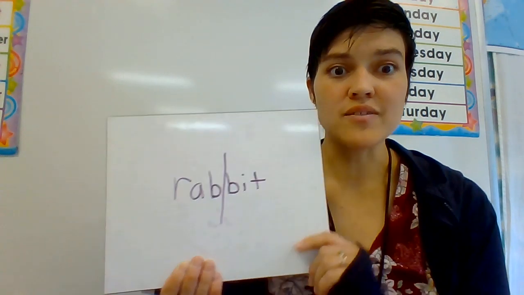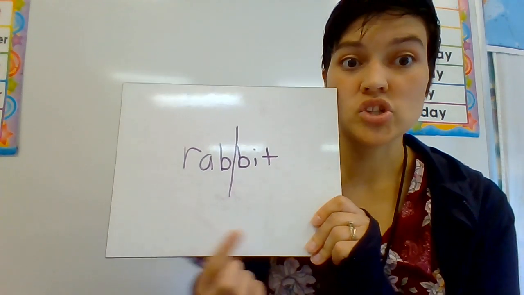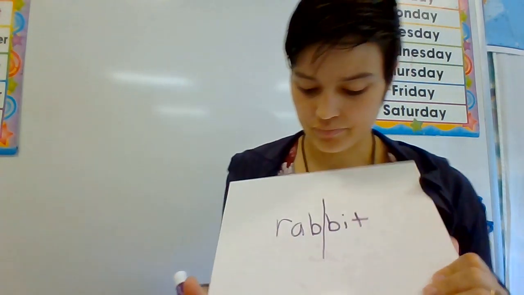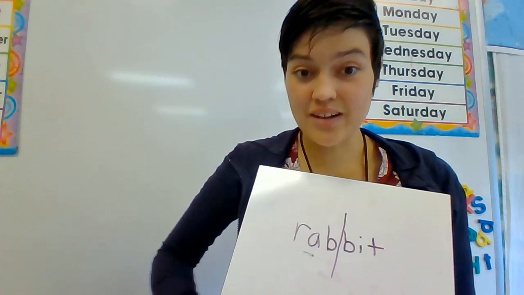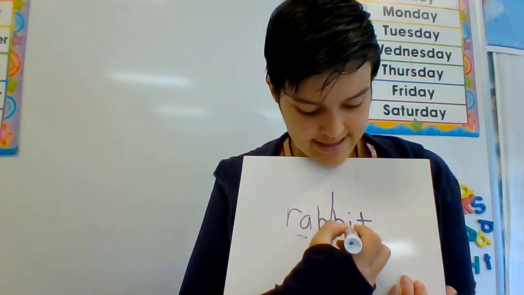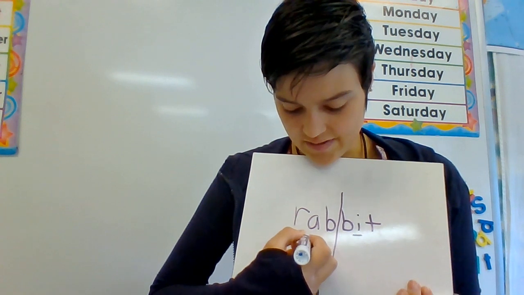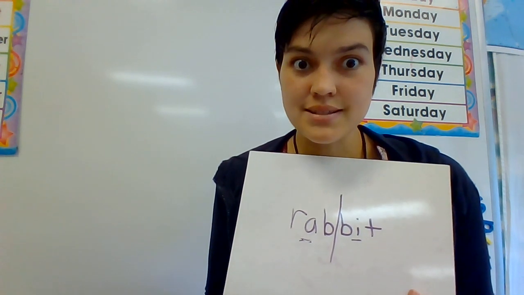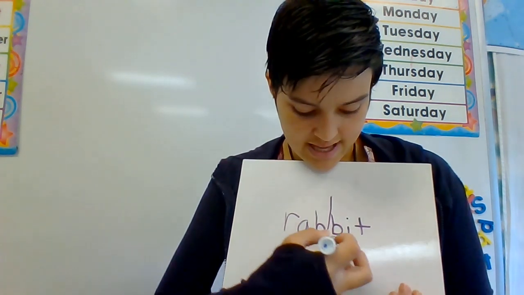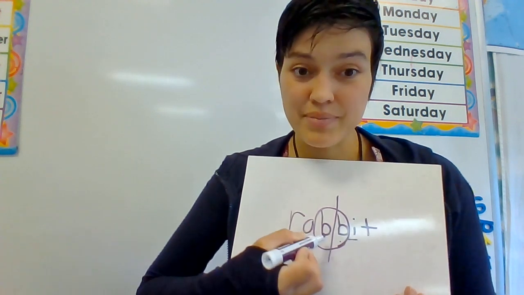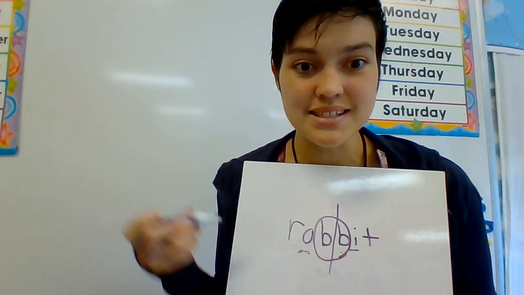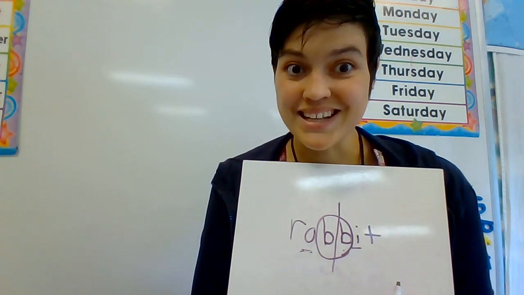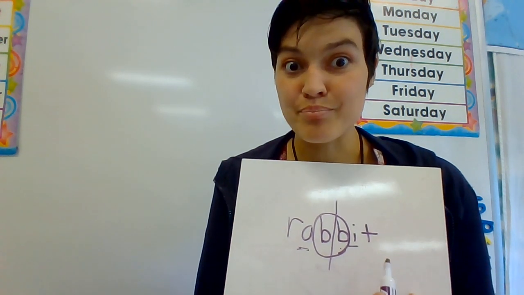What are the two vowel sounds we hear in the two syllables? We hear the A sound, and we hear the I sound. What are the dividing consonants? B and B, so I divide it right between the two dividing consonants. Rabbit equals rabbit.